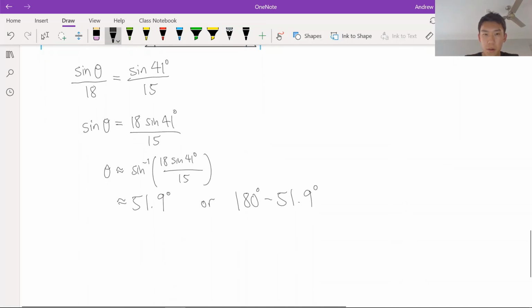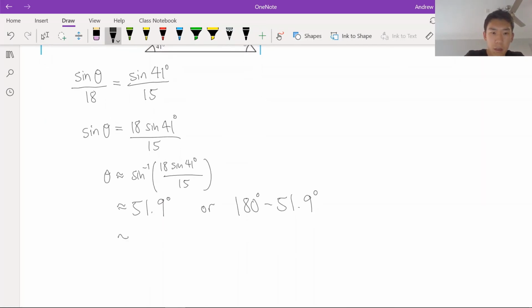So this is going to be approximately equal to 51.9 degrees, or 128.1 degrees.